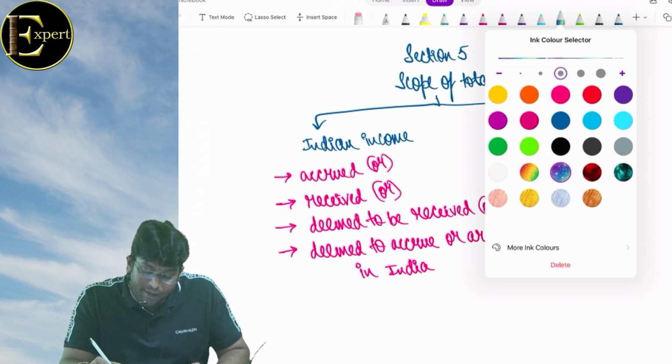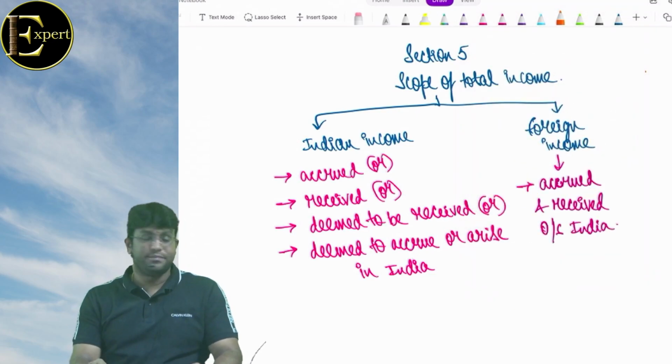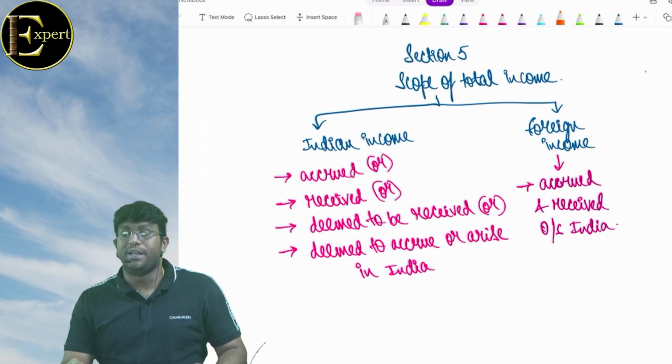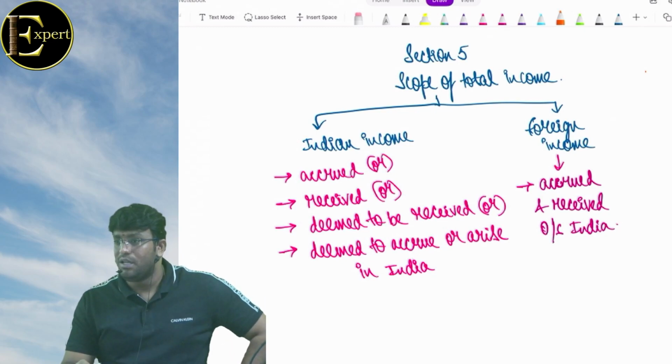Come on, what is Indian income? Income which is accrued or received or deemed to be received or deemed to accrue or arise in India. What is foreign income? Accrued and received outside India. Accrue का मतलब क्या है? जहाँ पे काम करोगे वहीं पे accrue होगा. Receive का मतलब क्या है?